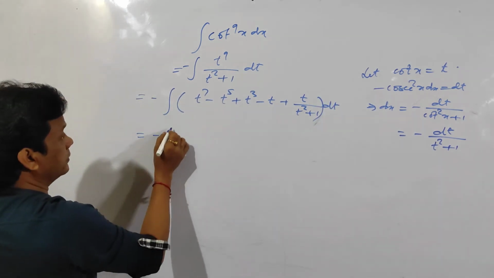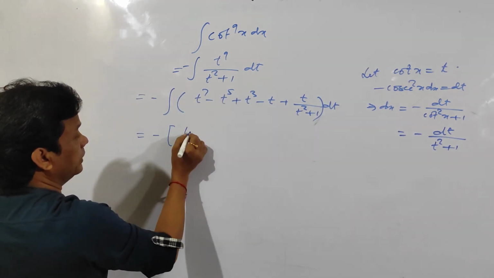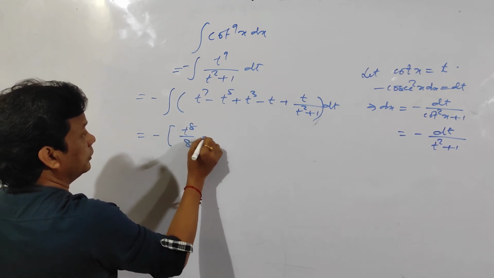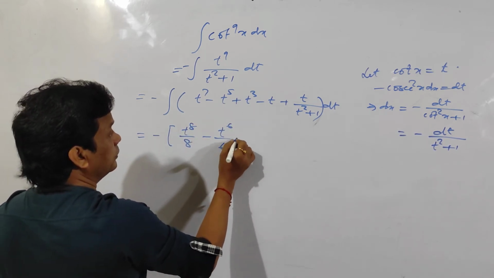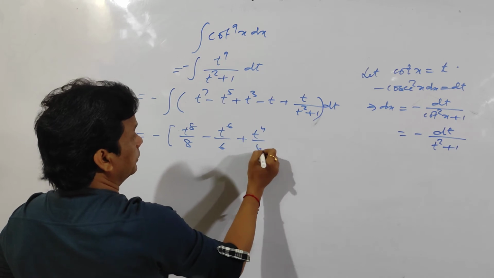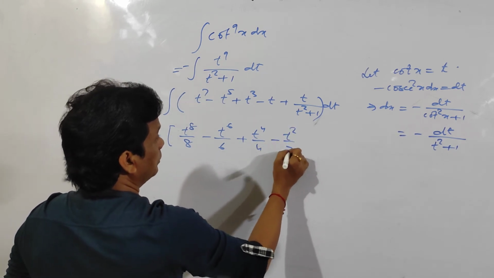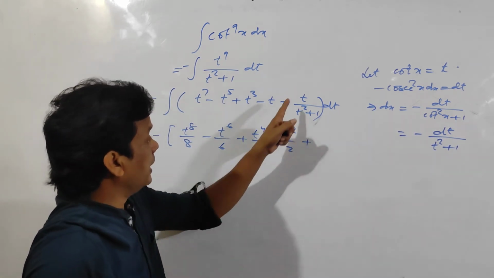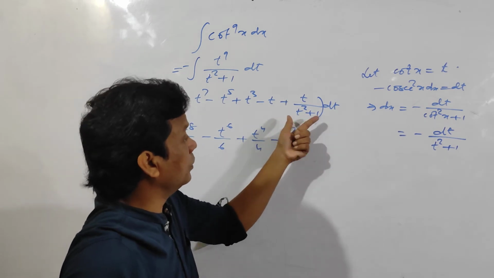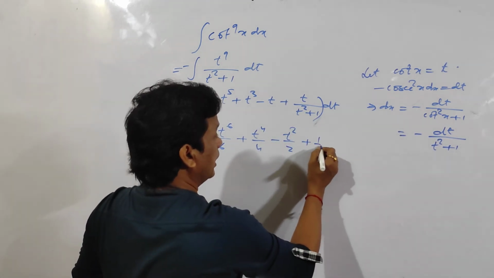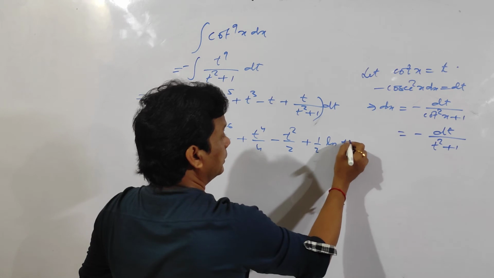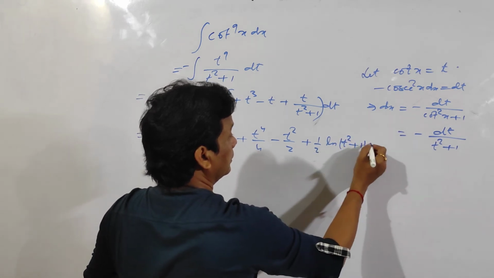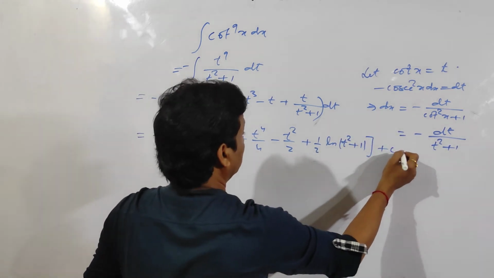Clear? So minus t to the 8 by 8 minus t to the 6 by 6 plus t to the 4 by 4 minus t square by 2 plus half into 2, ln of this one. That means half ln of t square plus 1 plus c.